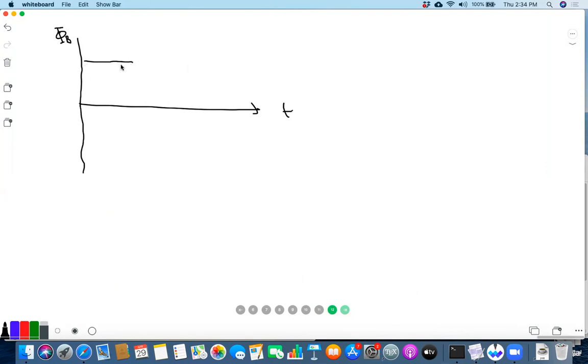Of course, it jumps as you go from one era to another, but let's draw the last era. And then at t re-entry, it starts to oscillate. Is this clear?